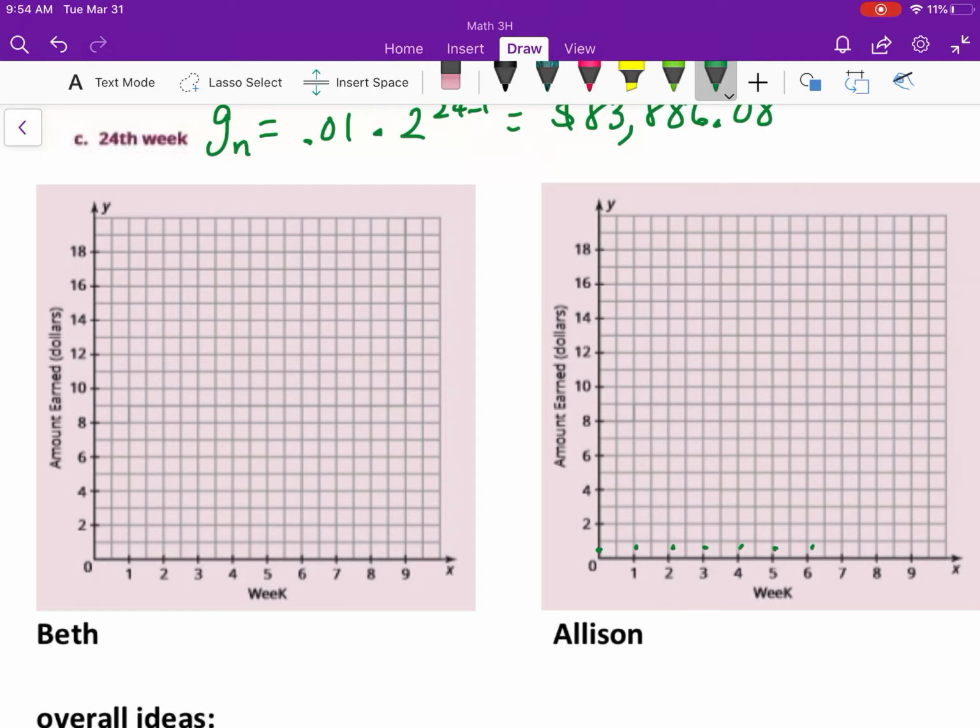Yay, now we get to go up to $1.28. 8 weeks was $2.56. 9 weeks was $5.12. The 10th week we found to be $10.24. So you'll notice this is definitely discrete and exponential.